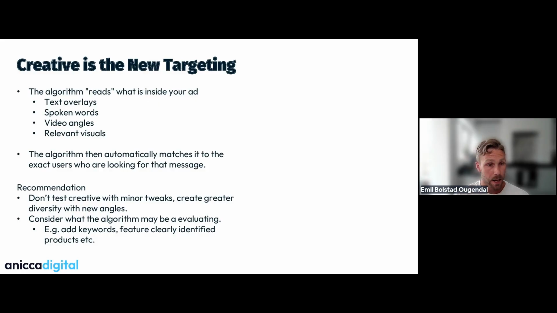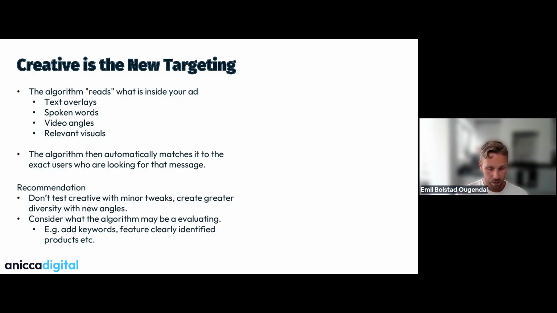What this means is that creative is as important as it's ever been on Meta. If you don't have the ability to provide creative, if you don't have a creative department and you don't have the budget to invest in creative, then running ads is going to become less and less valuable for you.